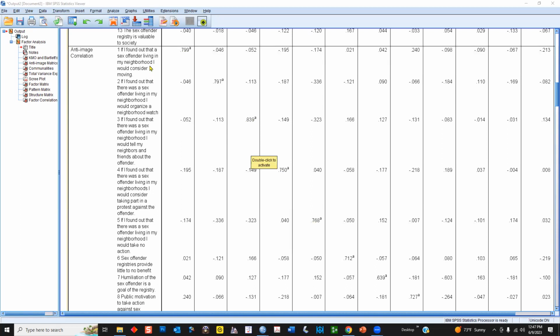And then if we look along the off diagonal elements, let's just look at this first item. Going down this column, this would be for item 1. Think of this like a correlation matrix. So you have columns and rows, and if you go down the column, that's for item 1, the first column here on the left-hand side. You want these values to be small. This is the negative of the partial correlation for that item.